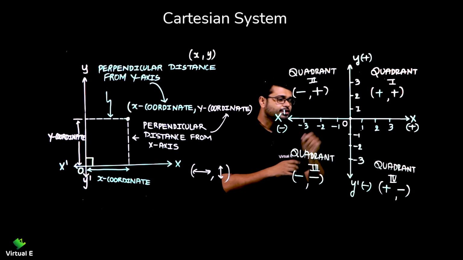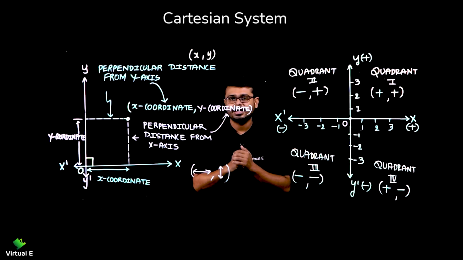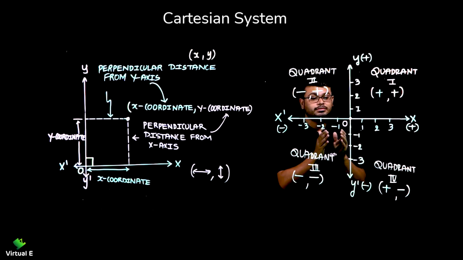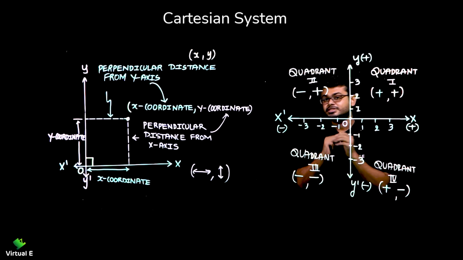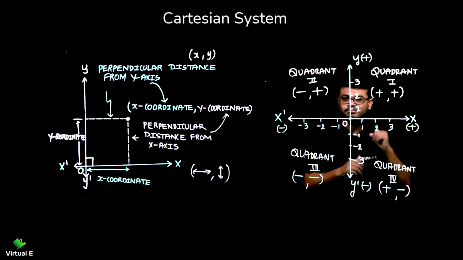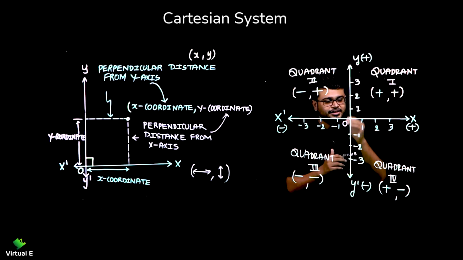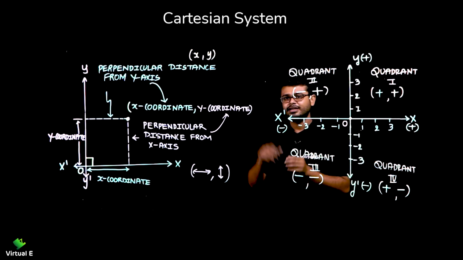So the coordinates of the origin are, now see over here on the number line, between -1 and 1, what is the number? If we only talk about the number line, 0, right? So x coordinate is what? 0. Now come to the y coordinate. Again here between 1 and -1, what number will be there? 0.